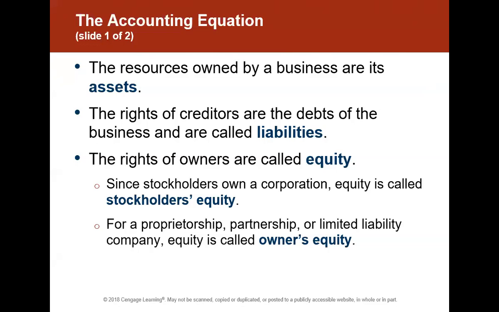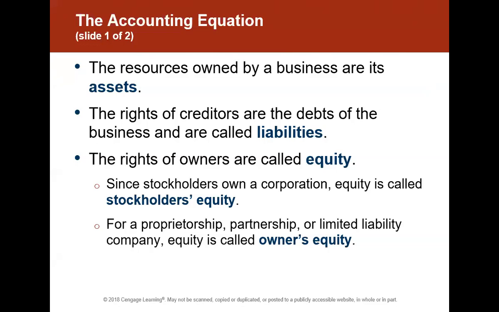So when the business, say, gets liquidated, the business goes away, they're going to take all their assets and pay off all their liabilities. What's left is going to be given to the owners, the stockholders. Okay. So it kind of just helps to understand what those three components mean, and that you can rewrite the equation to calculate it.